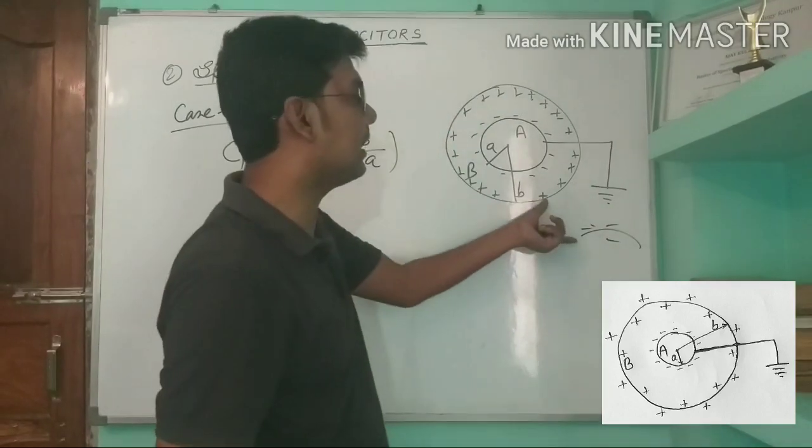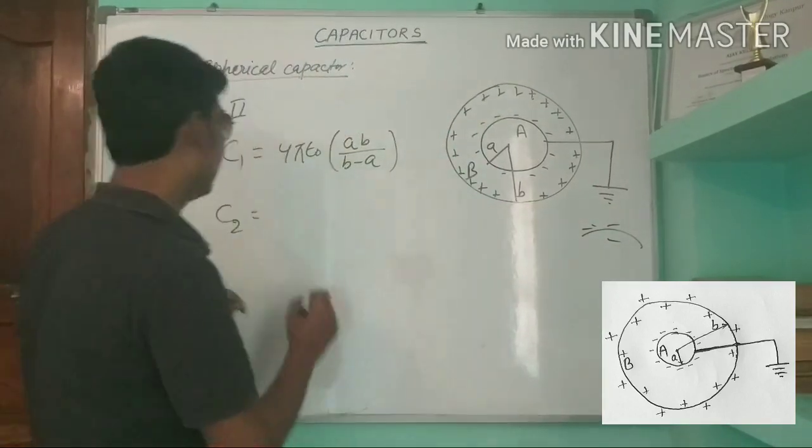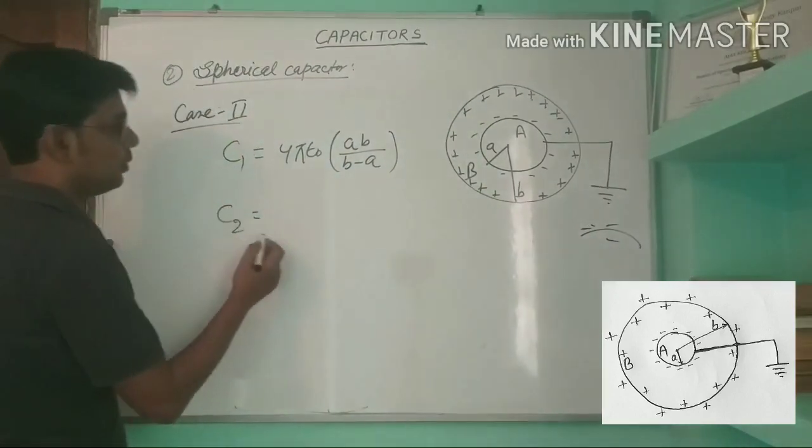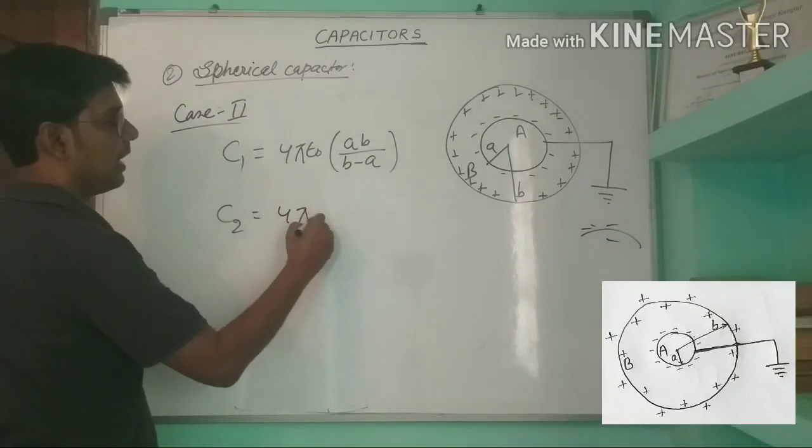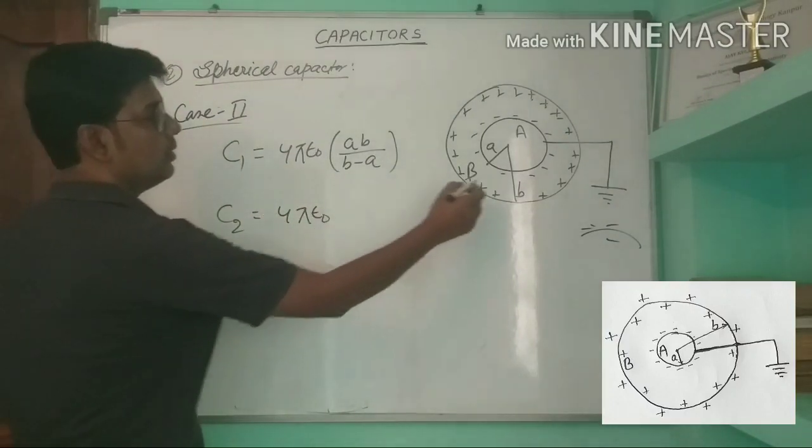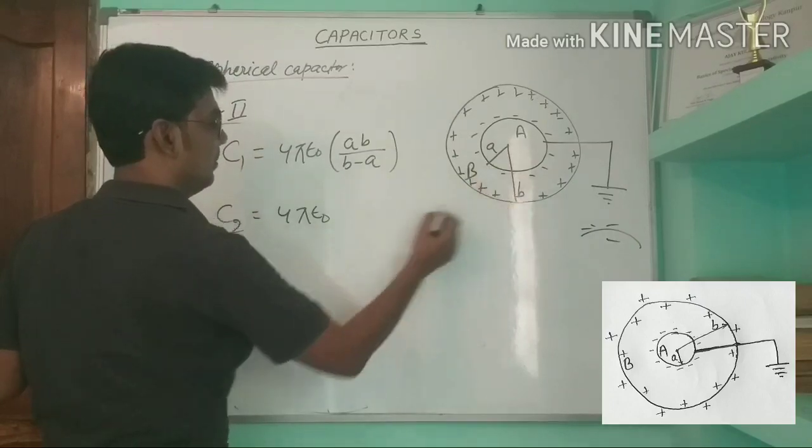So there will be another capacitor developed. So capacitance for this will be C2 equal to how much? 4 pi epsilon 0 into this B.